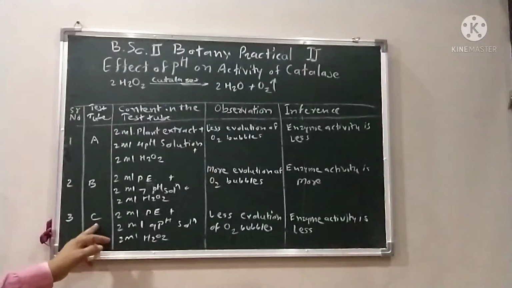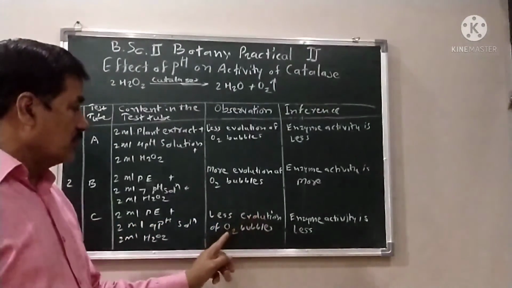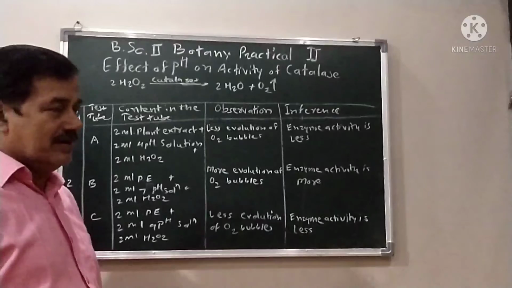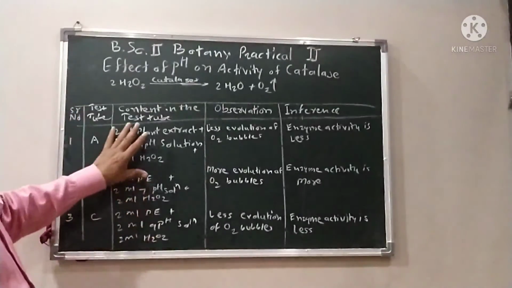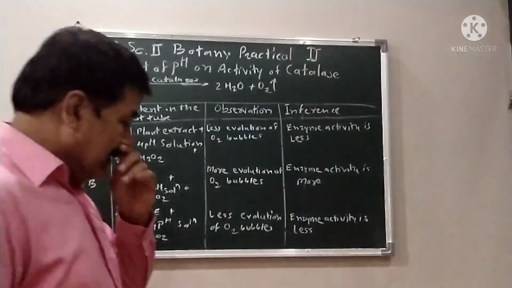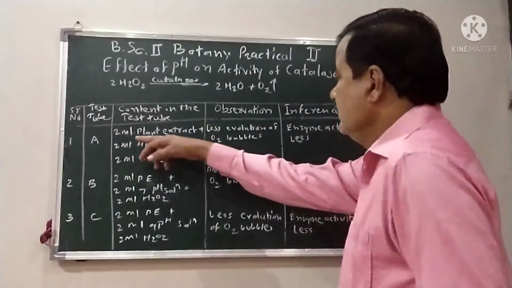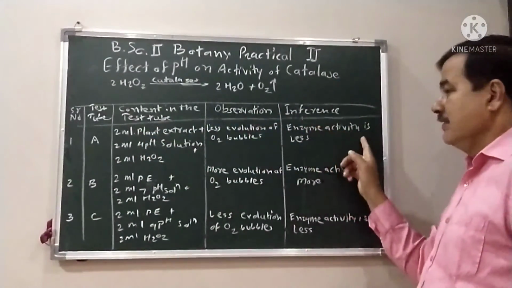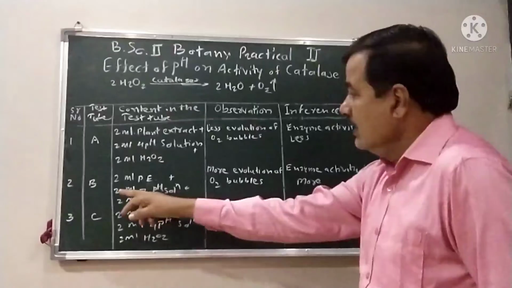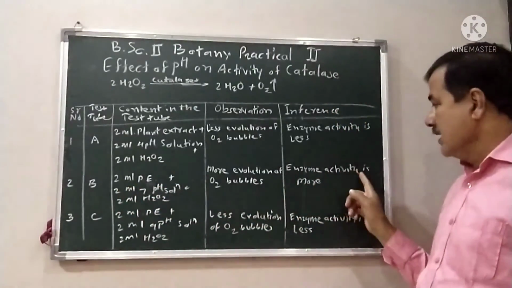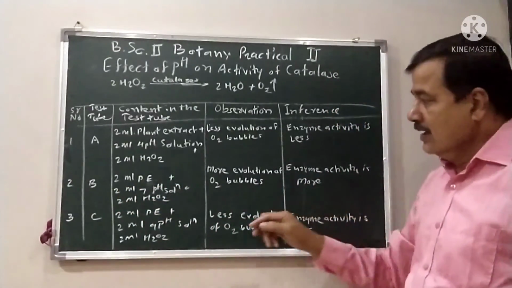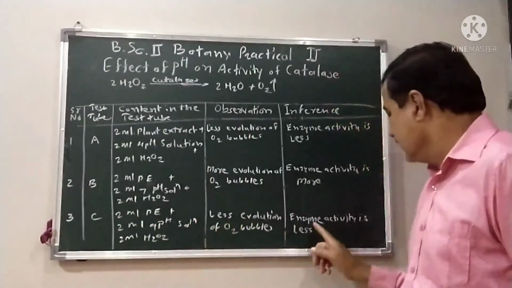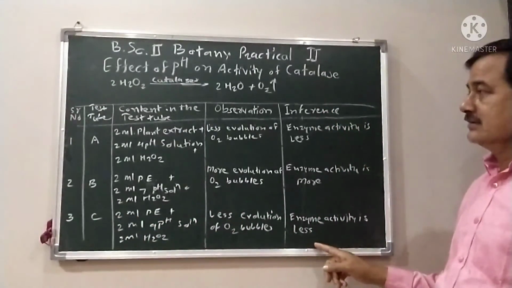And in test tube C, again less evolution of oxygen bubbles is recorded. Hence, it clearly shows that in test tube A, enzyme activity is less. In test tube B, enzyme activity is more. And in test tube C, enzyme activity is less.